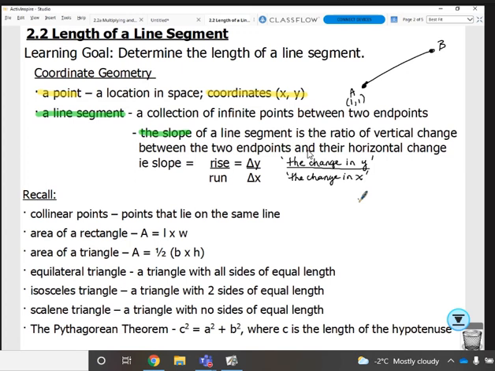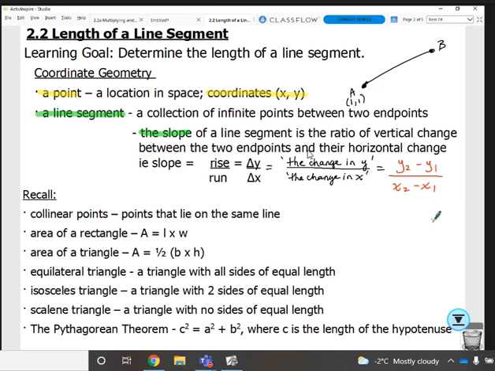And that would be the change in y, or the change in x, depending on what side you're looking at. But really, what this is, and this one might be a little bit more familiar, is that the change in y is y2 minus y1. Remember that? That's how y differs from one point to the next. And we divide that by the change in x.